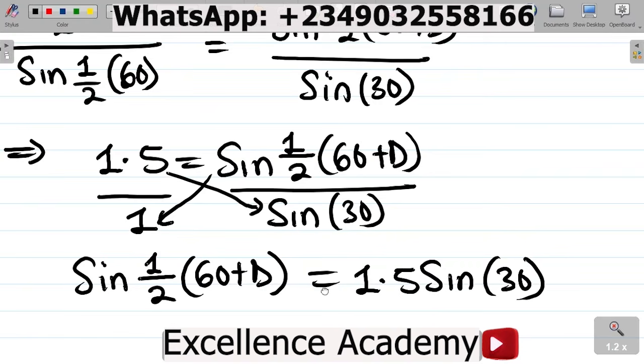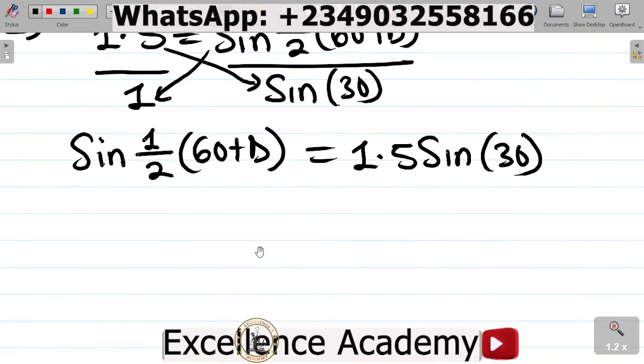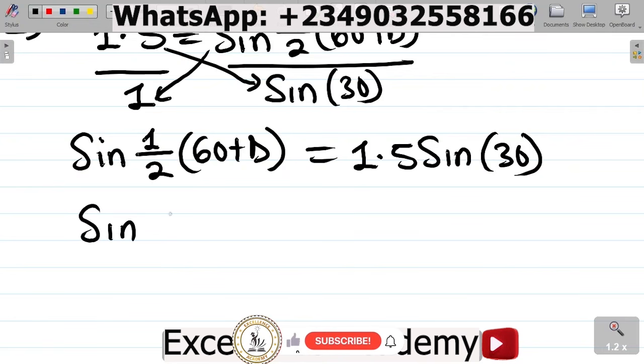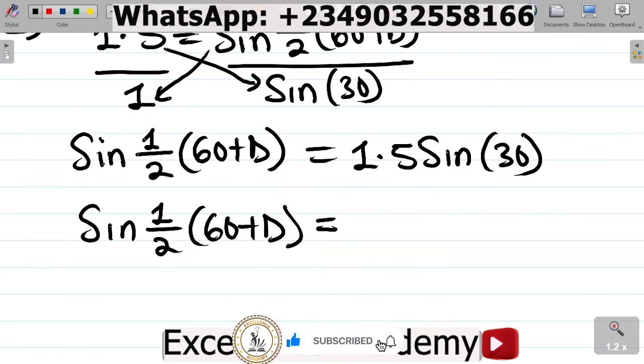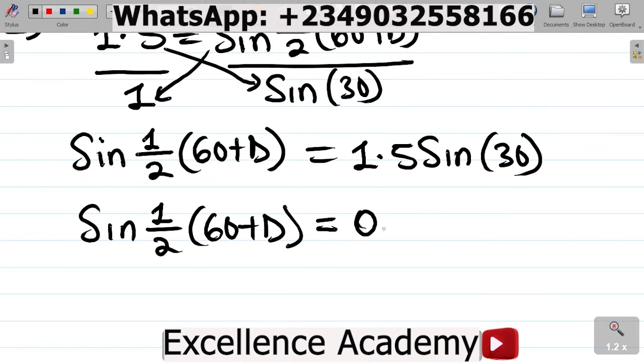So we have this. All right. Proceeding from this, this becomes sine of 1 over 2 into (60 plus D). It's equal to, I'll punch 1.5 sine of 30. All right. That becomes half of 1.5, 0.75. So I have this.